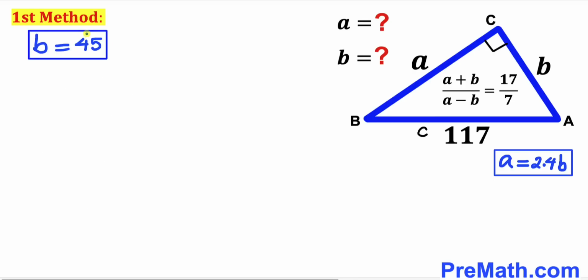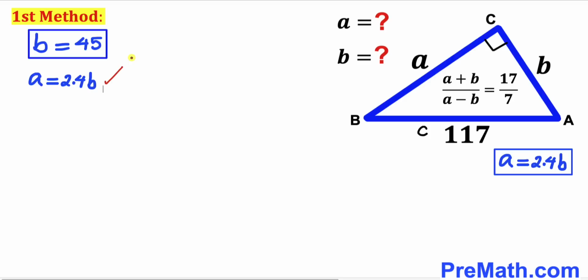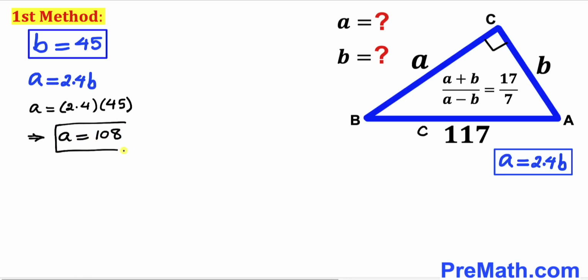Now let's recall the equation a equals 2.4 times b, and substitute b equals 45. So a equals 2.4 times 45, which turns out to be 108 units.